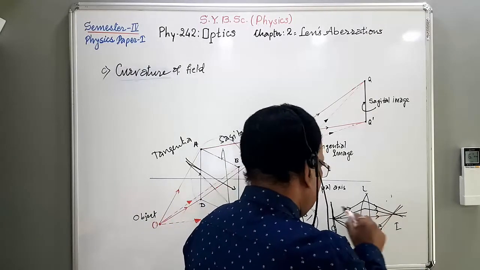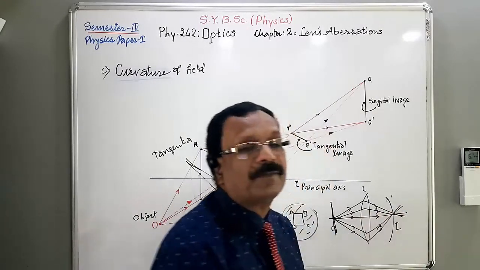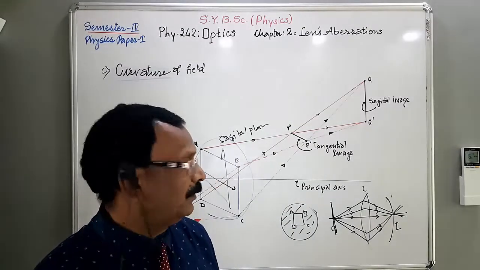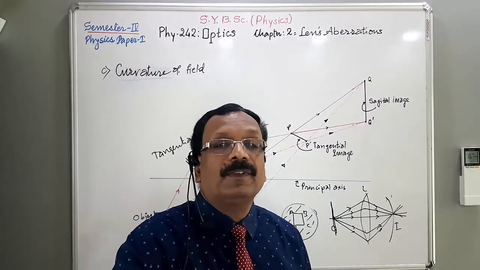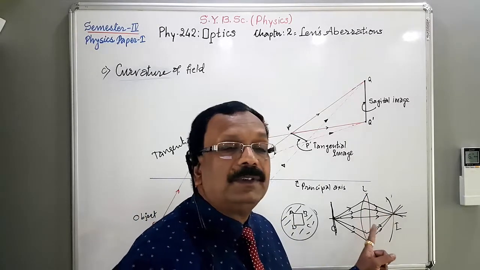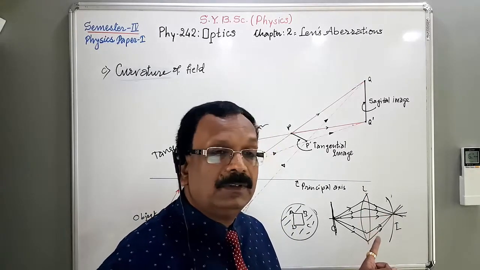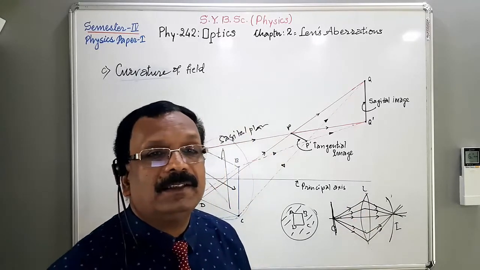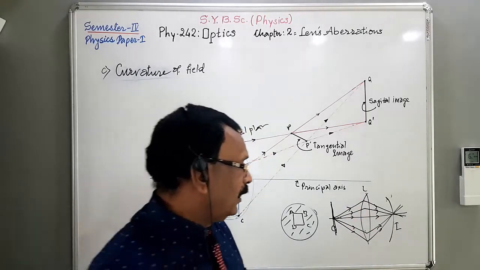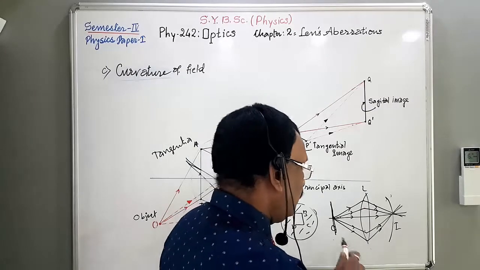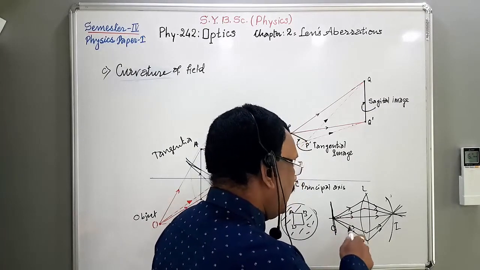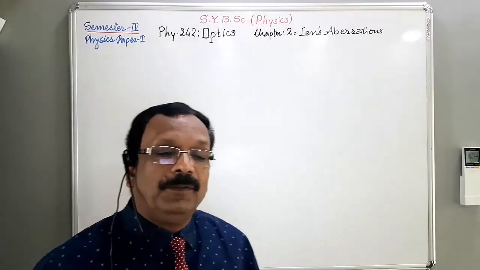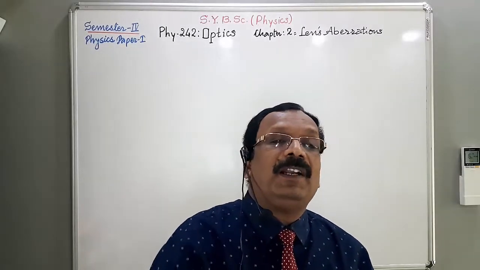This image is like this. Now, if we use a concave lens instead of a convex lens, then the image of the extended object is also not flat, but like this.